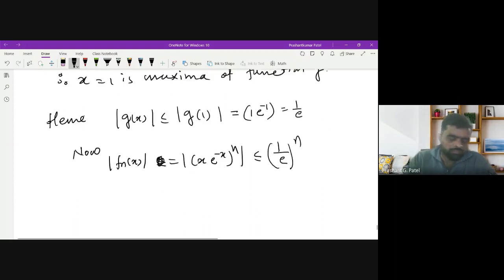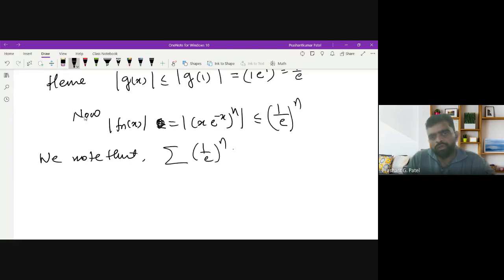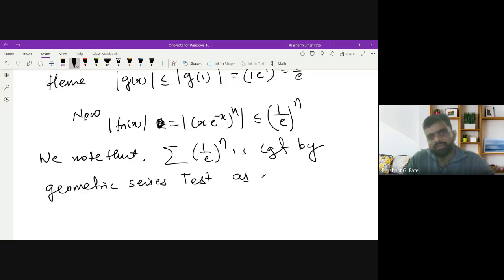So we note that summation 1 upon e power n is convergent by geometric series test, as r, which is 1 upon e, is less than 1, because the value of e is 2.7, and 1 upon 2.7 is always less than 1.